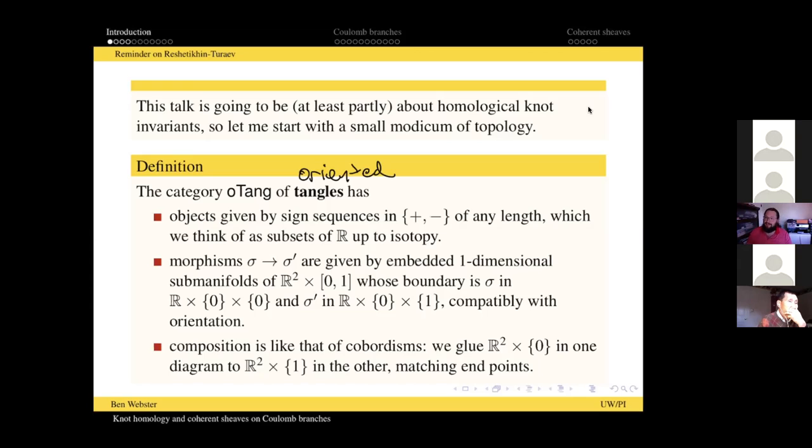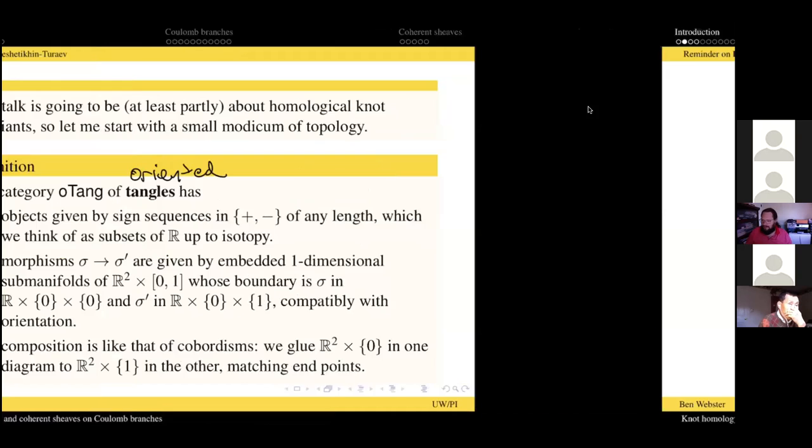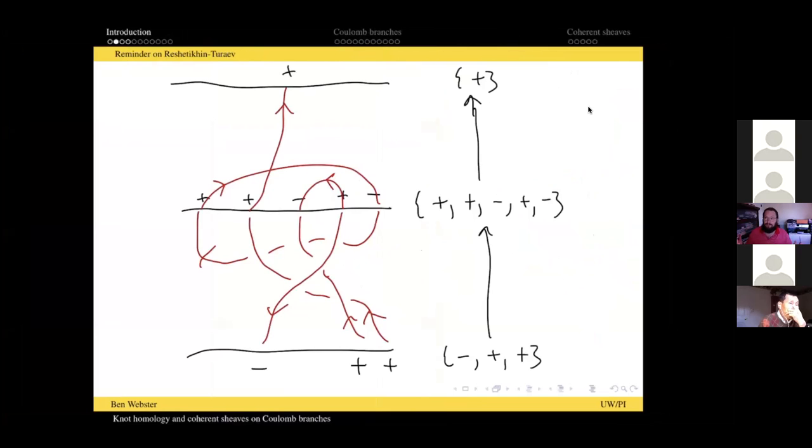One of the nice things about these is they're a category. You can compose them by gluing and smoothing out to make a submanifold. It's awful to write this in words; it's much better to draw the picture. Each object is one of these horizontal slices. For example, here I have one thing in my sequence and it's a plus, which means I want a tangle that joins it with one strand and upward orientation.